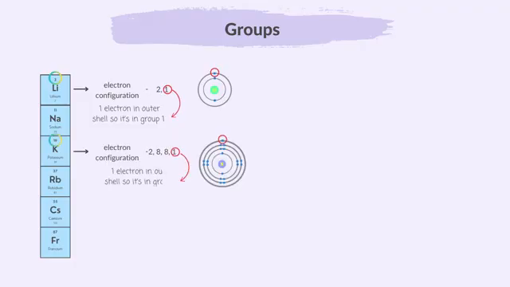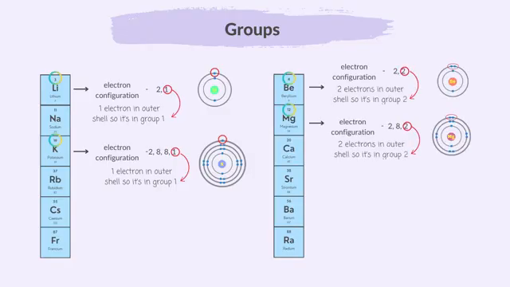So, group 1 elements have 1 electron in their outer electron shell. Group 2 elements have 2 electrons in their outer shell, and so on. The elements in the last group, that is group 8 or group 0, however, are an exception to this rule, as they have 2 or 8 electrons in their outer electron shell.